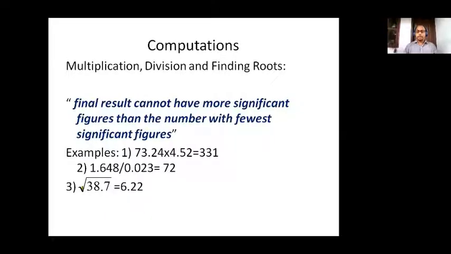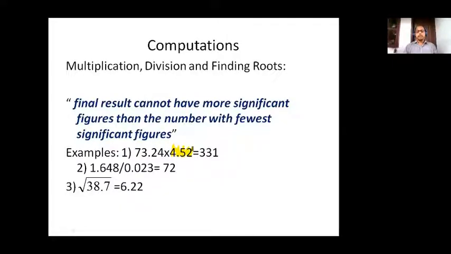For example, in 73.24 times 4.52, 4.52 is the number with the fewest significant figures. Therefore, the answer cannot have more than 3 significant figures. So the answer is 331.